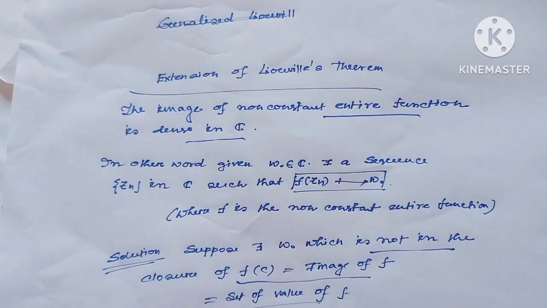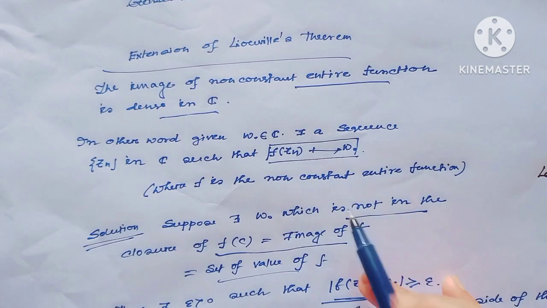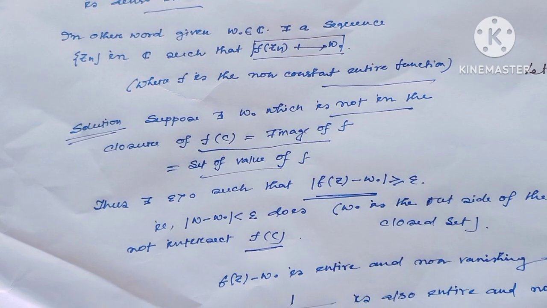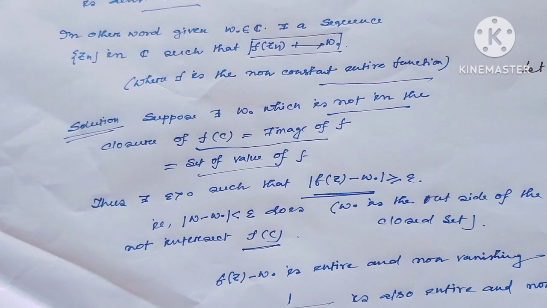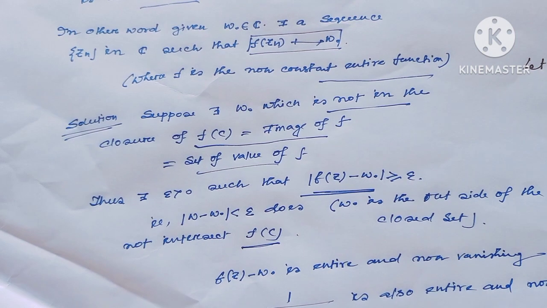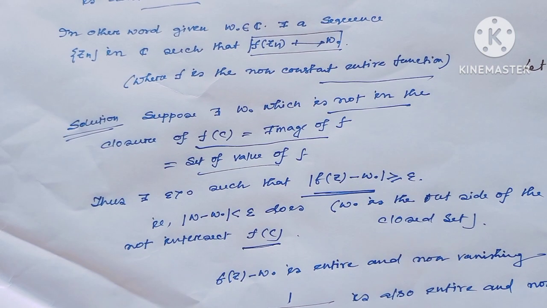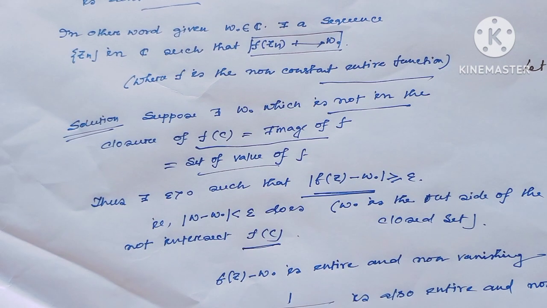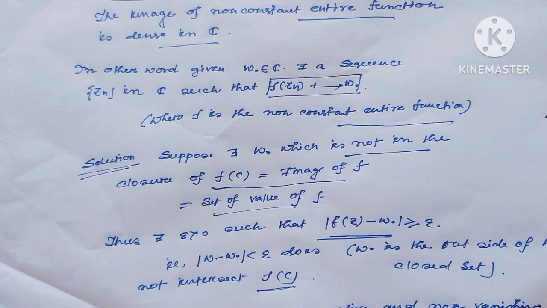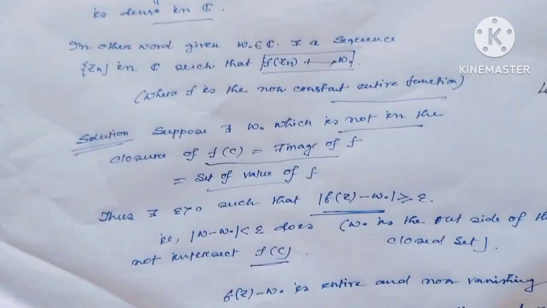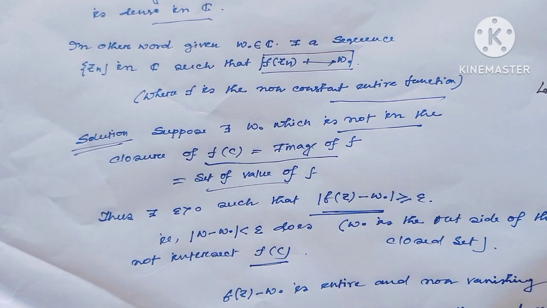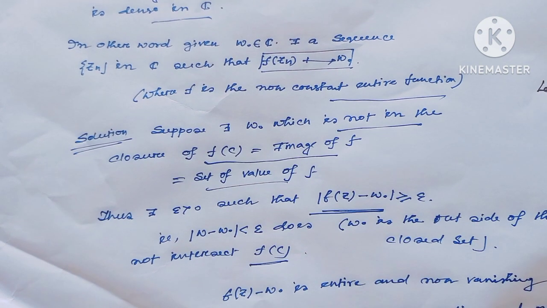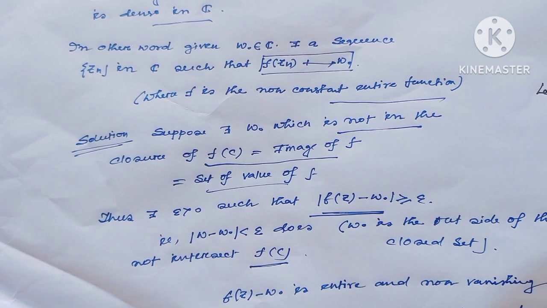But here the function f is given to be a non-constant entire function. Therefore our assumption is wrong. I had assumed there exists w naught which is not in the image of the function. Therefore, our assumption is wrong. That means obviously every w naught is a member of the closure of the image of the function.